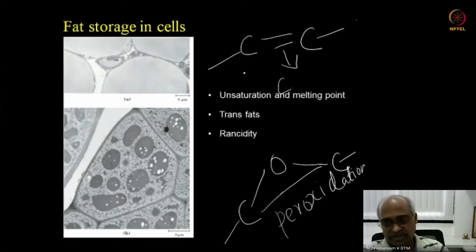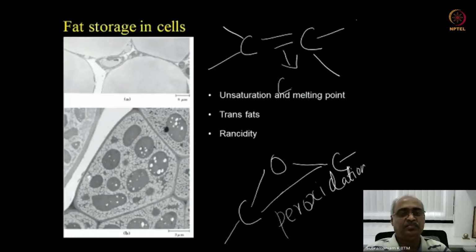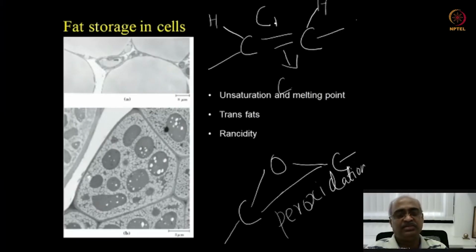For example, the groups attached here, you could have that same group attached in trans orientation, or on the other hand, you could have both of them on the same orientation. Let us say two hydrogens attached, and they could be on the same side or on the other side. So this would be cis.